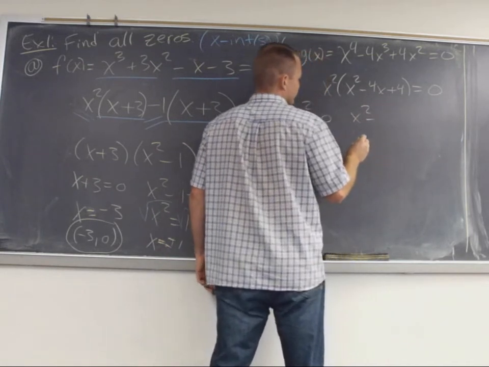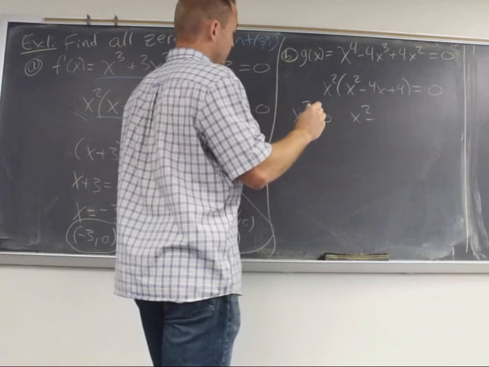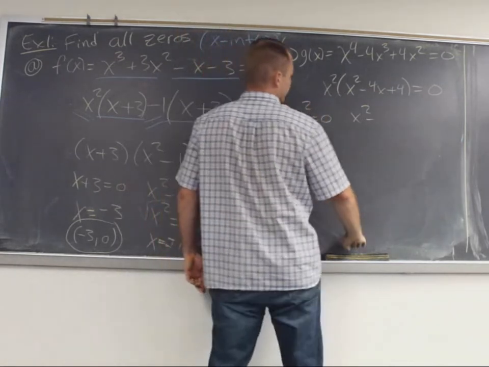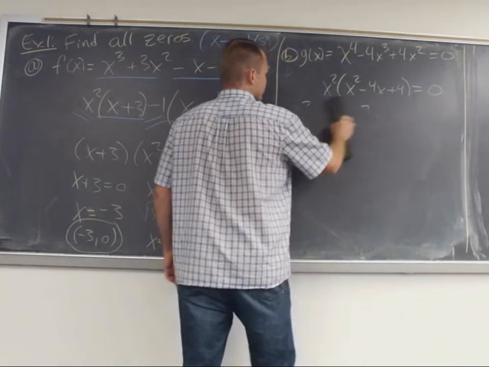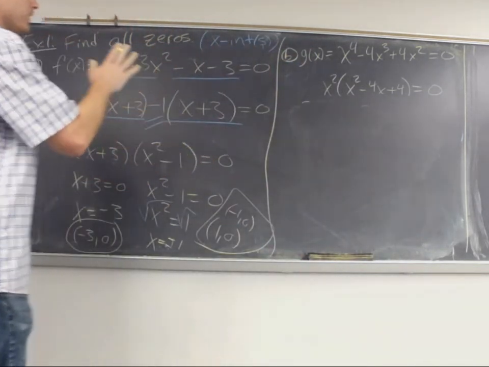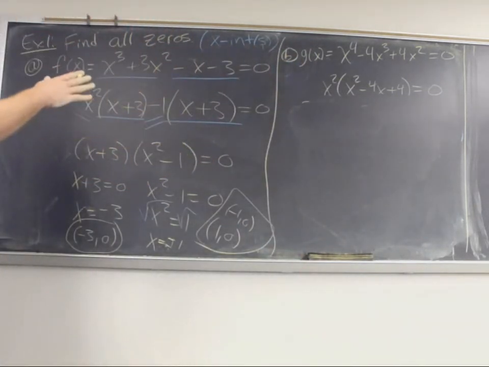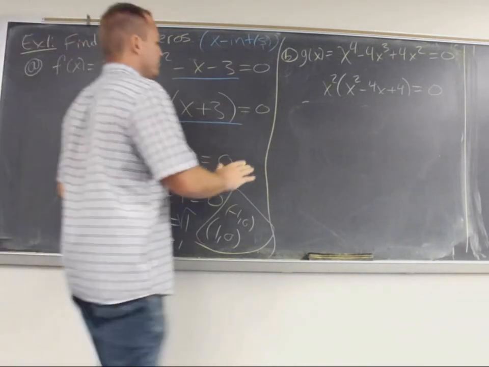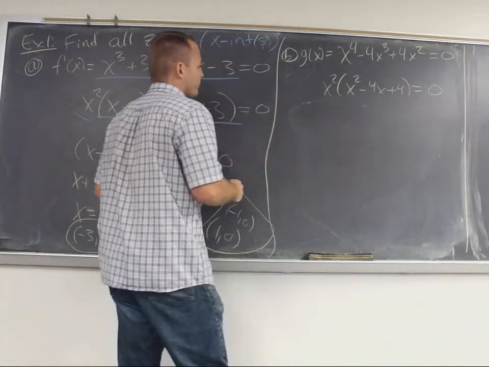And in fact, I'm not going to here, because when we get to the multiplicity section, it will be important to not separate them yet. It'll make life a little bit easier.